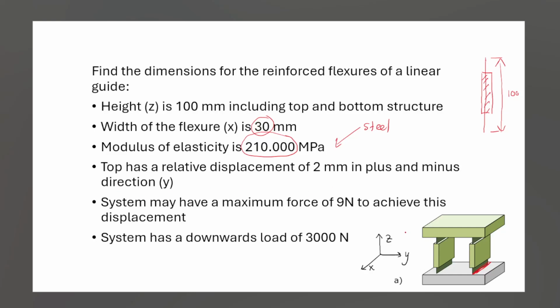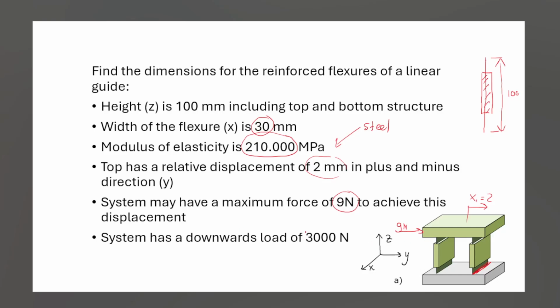So that means that we are going to put a force over here, and the force can be 9 newtons. If we put 9 newtons on here, we have a displacement of 2 millimeters. That's required. So x1 is 2.